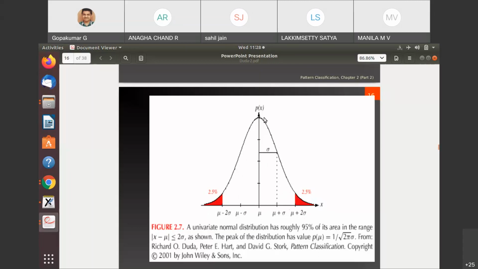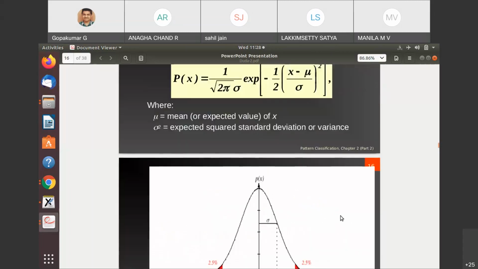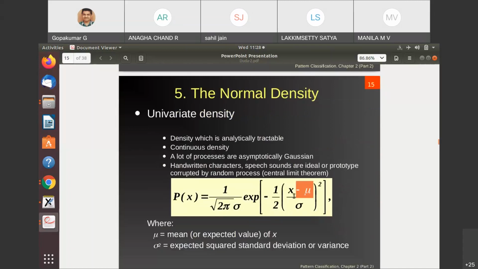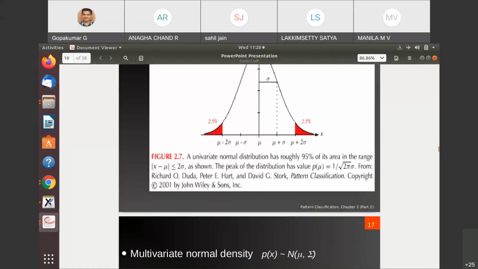If you look at the peak of this distribution, the x takes the value of mu, because mu is the mean value. If you substitute x equal to mu in this equation, when x takes the mean value, this exponential term becomes 1. So the peak of the distribution has a value of 1 by square root of 2 pi sigma.